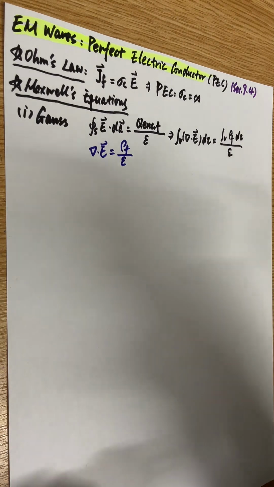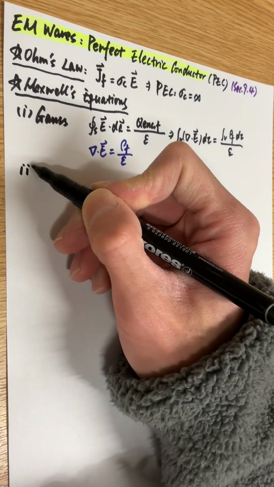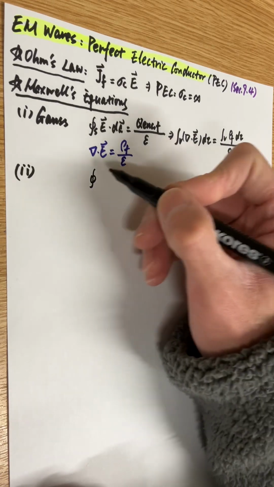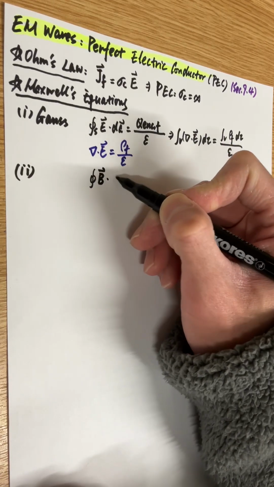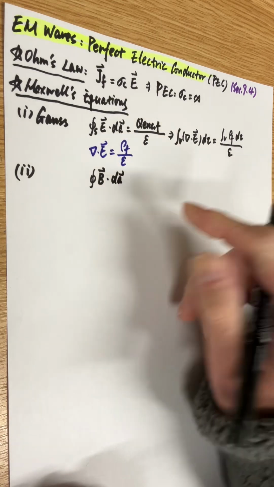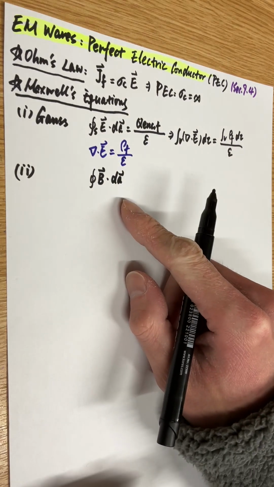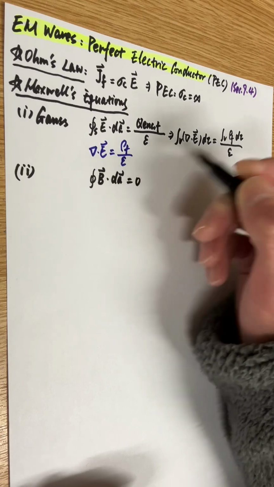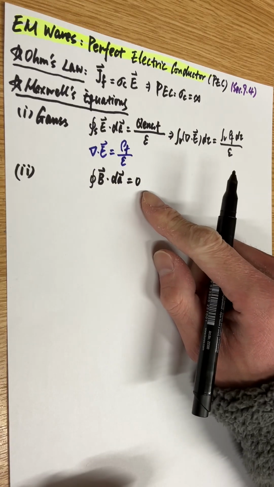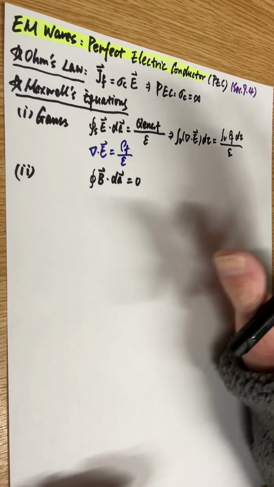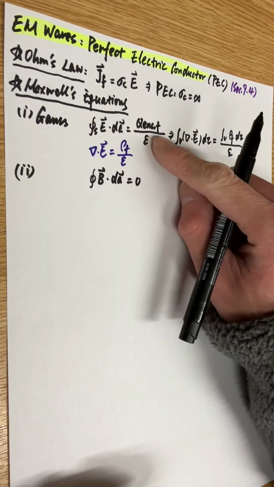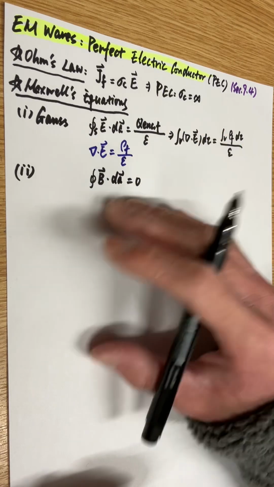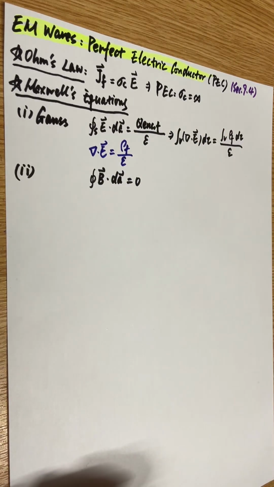And second, we have the closed surface integral of B field. What is this equal to? We should have this equal to 0 because there's no magnetic charge wherever. So here for E field, we have the free charge enclosed, but for the B field, there's no magnetic charge enclosed anywhere.